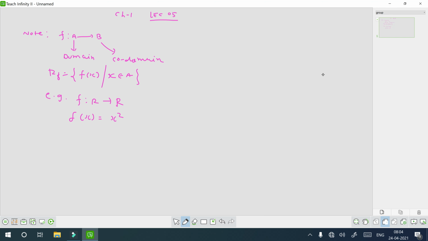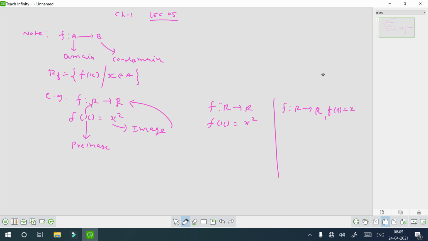For example, let us consider f from R to R, f of x is equal to x square. Then this x is known as the pre-image and x square is called the image. Image always goes in the codomain, pre-image always comes from the domain. Now see, let us consider f from R to R, f of x is equal to x square.